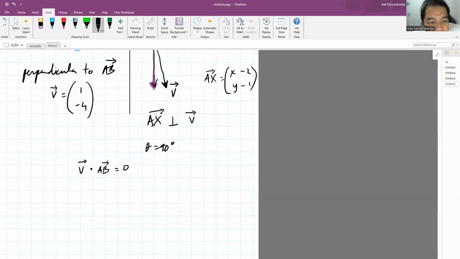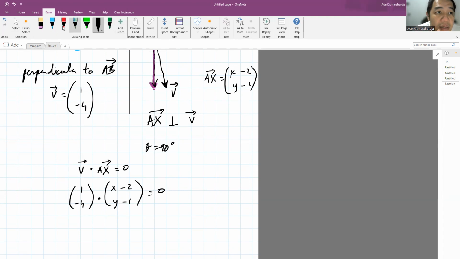So now let me calculate the dot product between V and AX. Sorry about that. As you know, AX is perpendicular to V, so when you do a dot product, that's equal to 0.